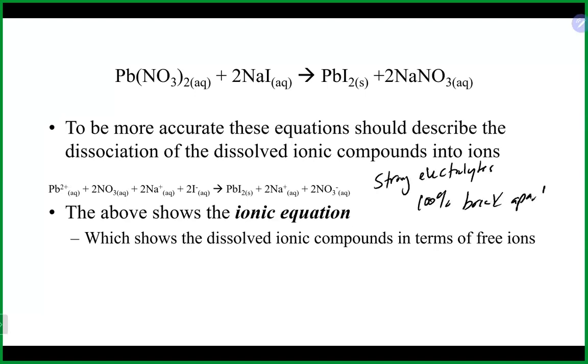And as we see in these examples, if you do have a coefficient, that coefficient, when you go to break it apart, should also be distributed to everybody. And also, if you have a subscript, the subscript comes to the front when you break it apart into the ions. So again, that's really important to keep everything balanced, is to move those subscripts and coefficients along so that everything completely cancels out.